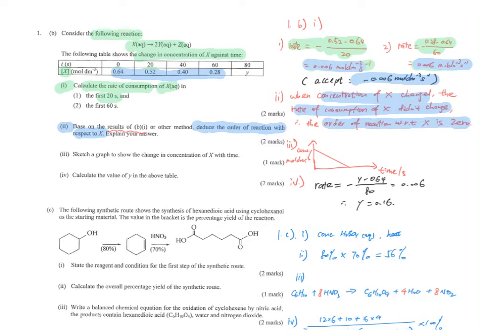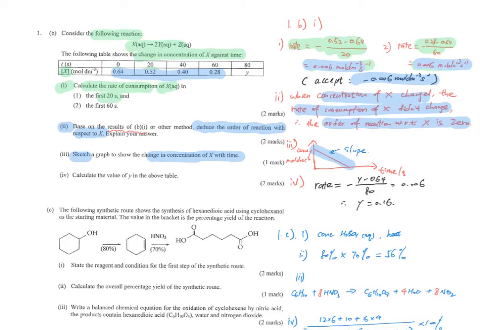And then as you sketch the concentration with time, we get decreasing, so we should draw a straight line. This straight line just appeared in one of the past papers. You can see the concentration keeps decreasing, but the rate doesn't change, because what's the rate? Rate is the slope.